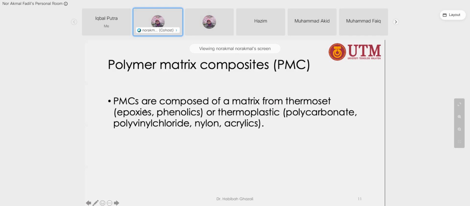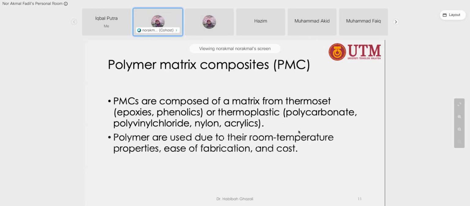Polymer matrix composites are composed of a matrix from thermoset, for example epoxy or phenolics, or thermoplastic, for example polycarbonate, vinyl chloride, nylon, and acrylic. Polymers are used due to their room temperature properties, ease of fabrication, and cost, of course.